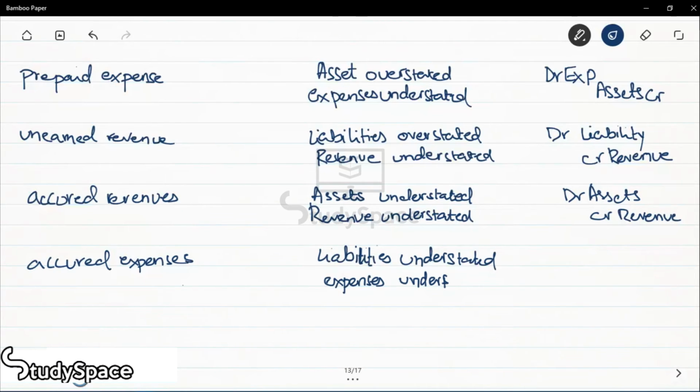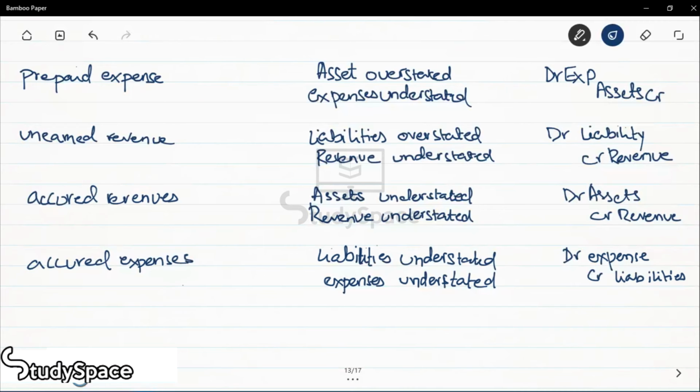So in order to correct this, we would debit our expenses and credit our liabilities.